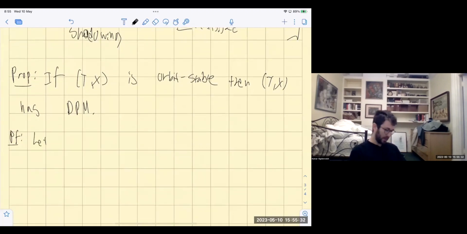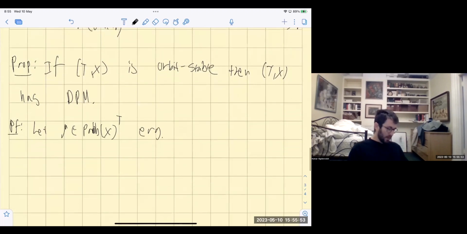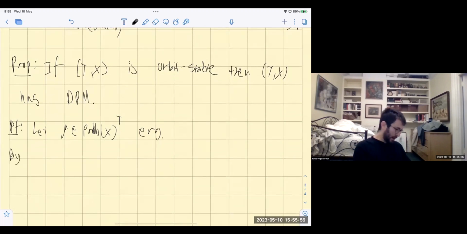So I start, of course, with: let mu be a probability measure on X which is invariant under T. And of course, I can assume ergodic. This is just by Krein-Milman. If you show something for the ergodic ones, these are extreme points, you'll show it for all measures. So the first thing I'll do is, by the Birkhoff ergodic theorem, for mu almost every x in X.